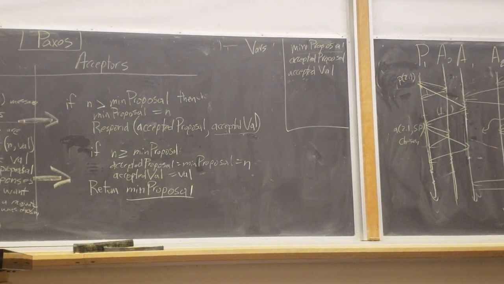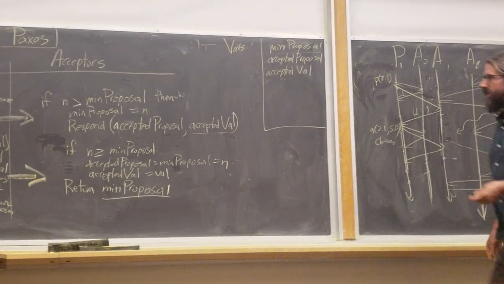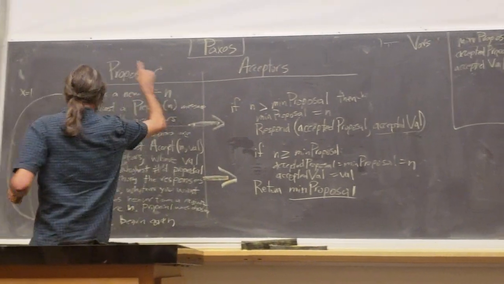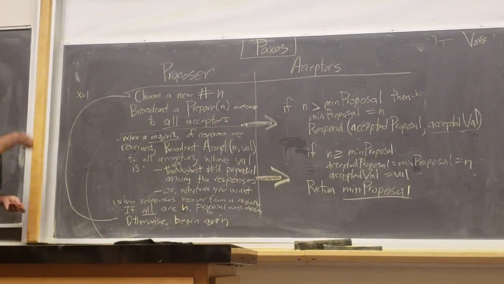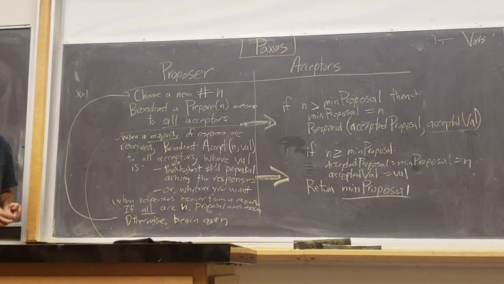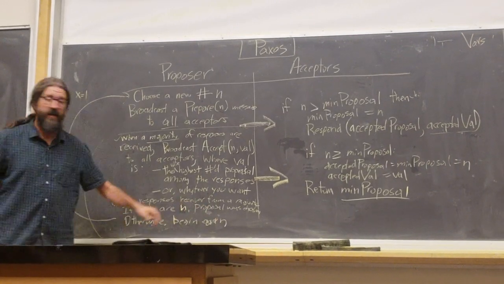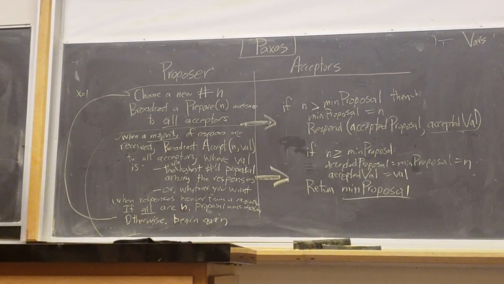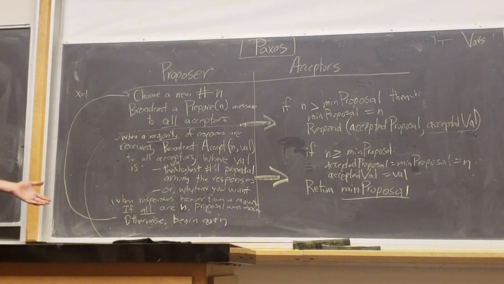Does that make sense? Two phases. In some sense, every proposer will always attempt to run until a value is chosen. It's just that very often it's a trivial operation because that value was already chosen.